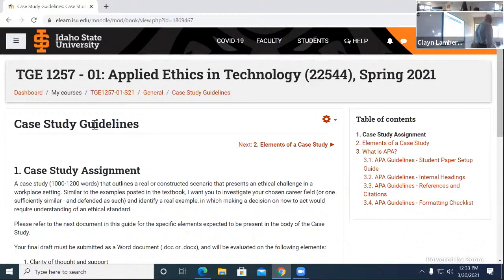Whether it's McDonald's and super hot coffee, the University of Alabama requiring students to buy Alabama branded textbooks, questions about privacy online, these are all illustrations of ethical dilemmas in real life. What I'm going to ask you to do is to create a written version of an ethical dilemma that relates to you.